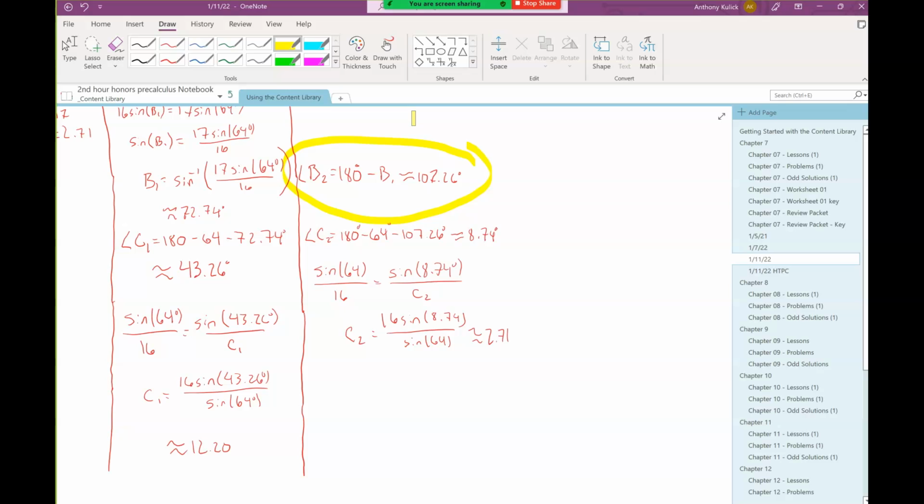If you found the supplement of angle C1, that's going to give you the wrong answers. I don't think that was something I emphasized enough. I think we did the same order when we did the example, but I didn't expressly say that you have to do that in the same order for triangle 2 as you did for triangle 1.